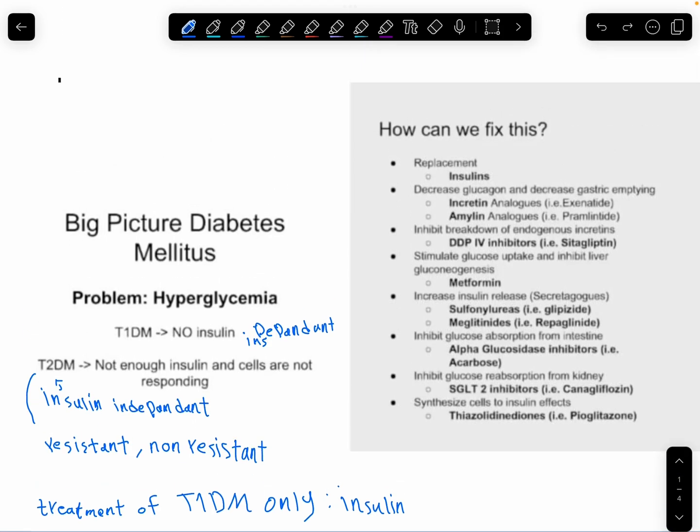Second one, decrease glucagon and decrease gastric emptying. Glucagon. Glucagon means, glu means glucose, very good. Gon means gun, because they are opposite to each other. You see, when insulin comes, glucose goes, then this hormone is coming.